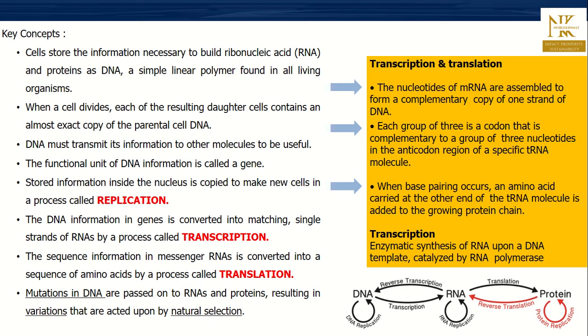That is, a mutation can be a form of mistake in the copying process. It is passed from the DNA to the RNA and then to the protein, which results in variation that is then acted upon by natural selection. So these are some of the stages that we have to understand. We can read that up also.